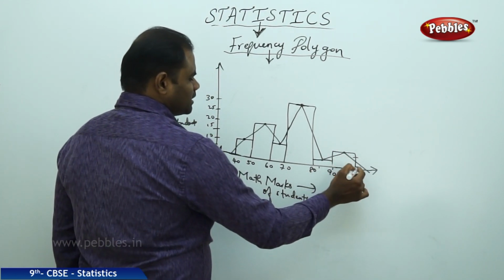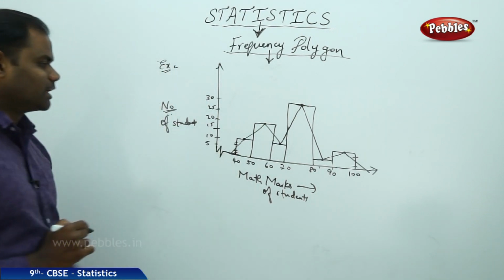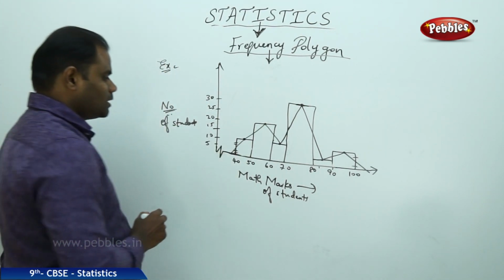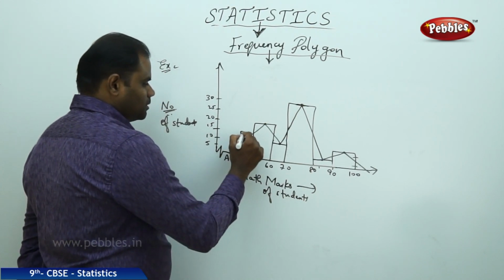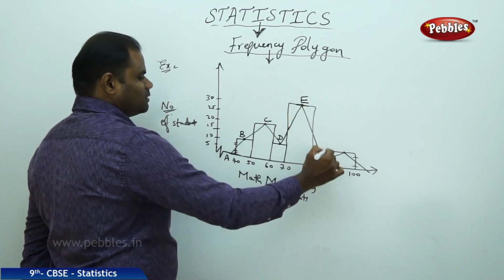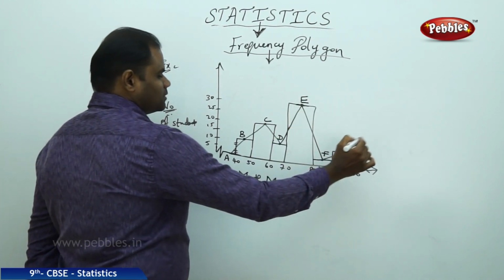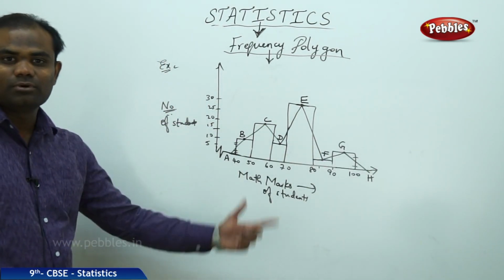And here, exactly cutting at the middle point, we get a polygon. So a polygon which is A, B, C, D, E, F, G and H is called a frequency polygon.